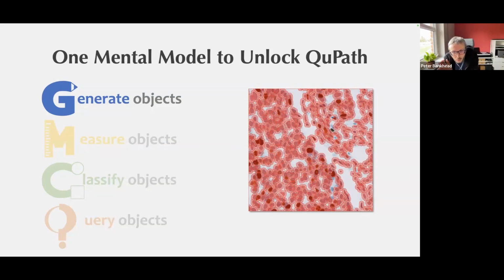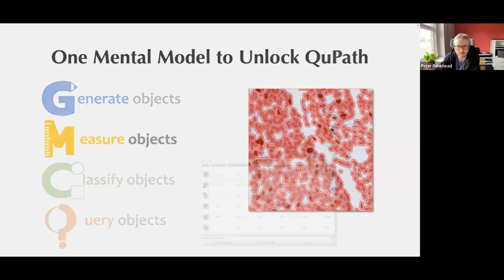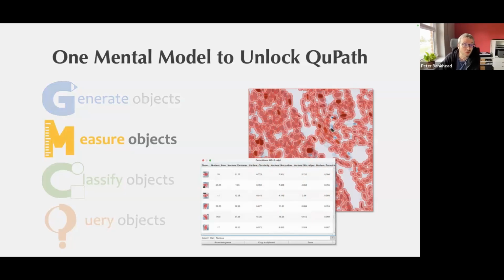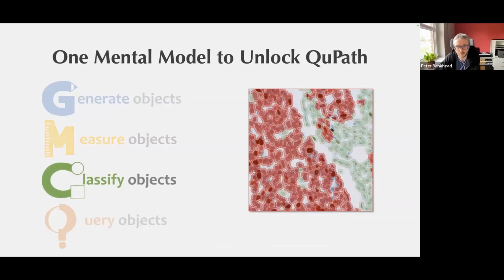Actually there are two contours, one for a cell nucleus, and the one further out is for the estimate of the cell boundary. Together those form a single object within QuPath. Once we've generated those, QuPath will measure them for you. As I said during the video, it gave you 44 different measurements just for free for each individual cell.